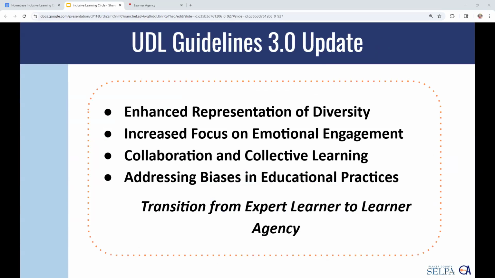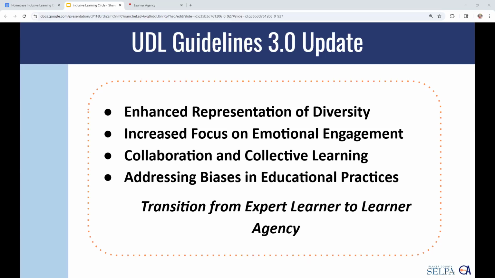Last July, in 2024, the UDL Guidelines 3.0 were released. We've discussed these updates in previous inclusive learning circles and webinars, so we're not going to go into great detail, but we'll share a brief overview.